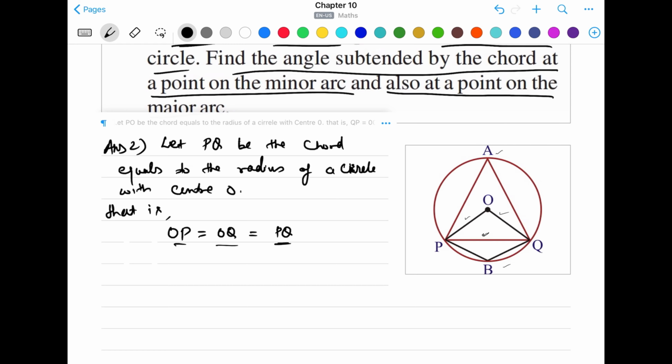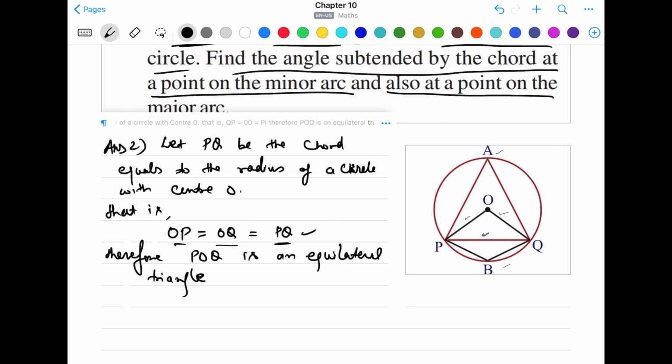Okay, so again we can say, therefore, POQ is an equilateral triangle.